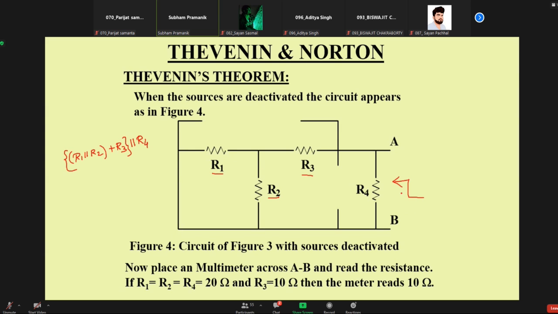However, if I ask for the current through R4, then you need to disconnect R4 and your calculation will stop at this point. So this is the procedure.